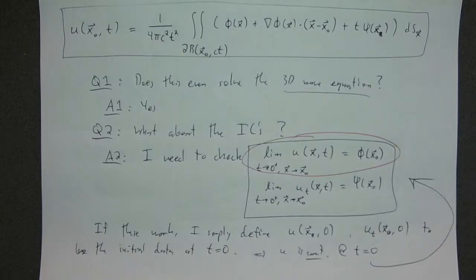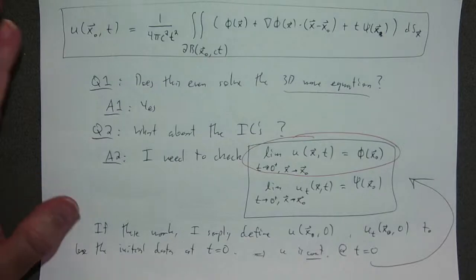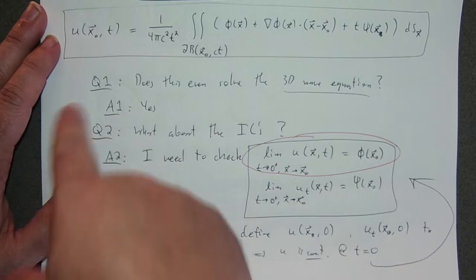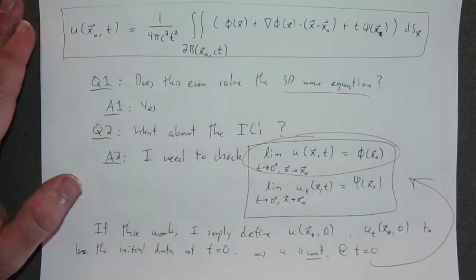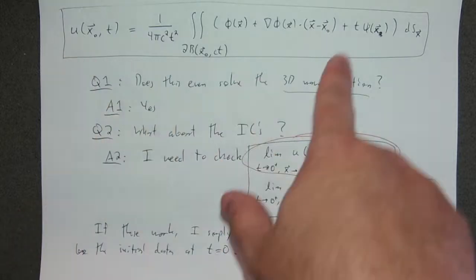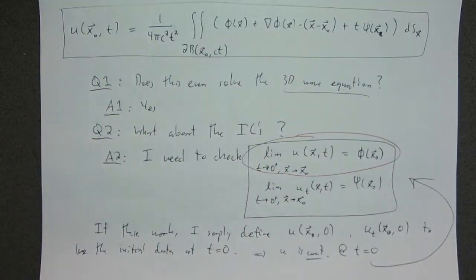And so you see how a lot more care has to be taken here, even to just plug in your initial condition t equals 0. Now, what is it that's actually going on here? What does this formula tell us about what's happening? Let's ask the exact same questions that we asked in the 1D case, now in the 3D case.